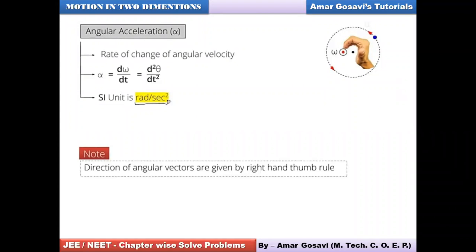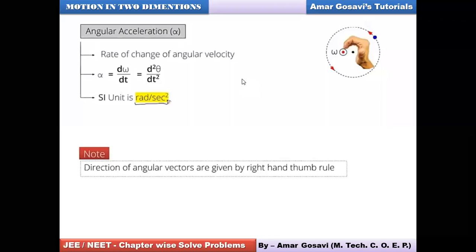Okay, so most of you say done. Let's proceed further then, friends. So here you can see we have the definition for angular acceleration with us. Now we know the basic definitions and equations for angular velocity, angular acceleration, angular displacement.